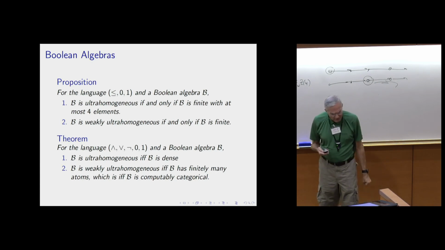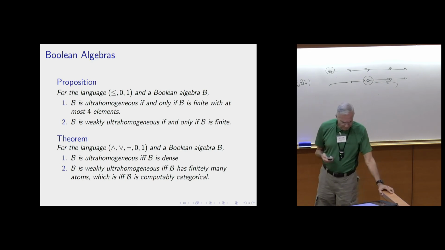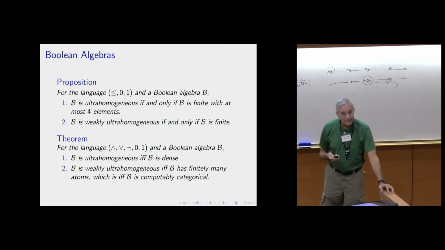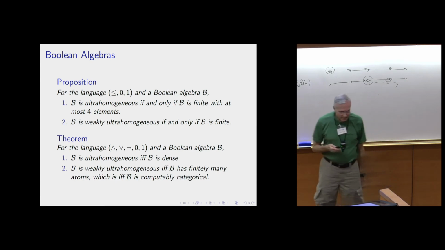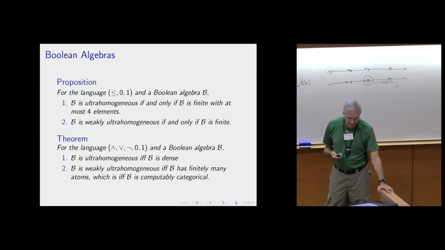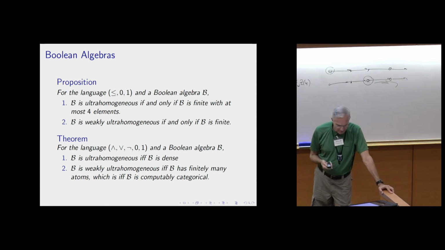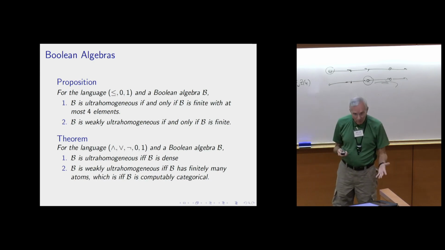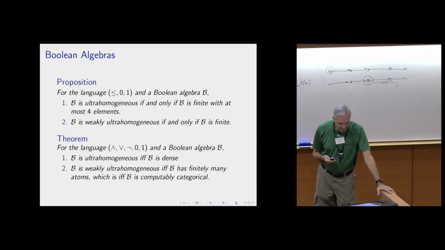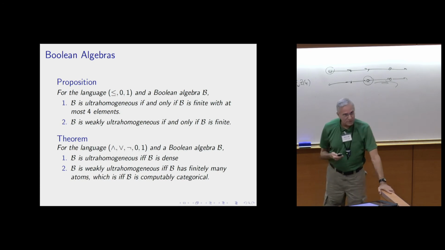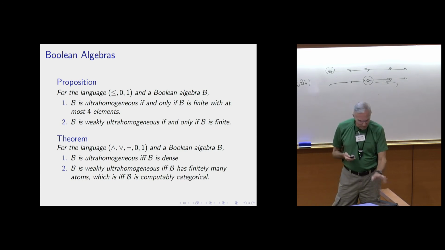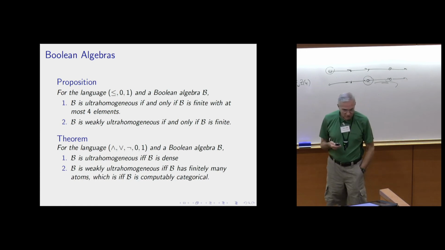We also are looking at Boolean algebras. Boolean algebras also have different ways of presenting. You can look at the language as just being the order on the Boolean algebra, in which case it's just trivial. Being ultra-homogeneous, you could only have 4 elements at most, and being weakly ultra-homogeneous corresponds to being finite. The 4-element thing is just so that you have enough structure.